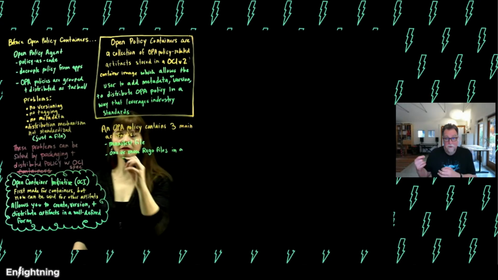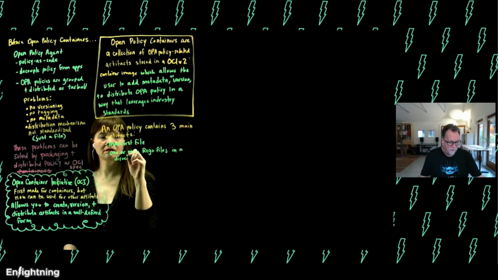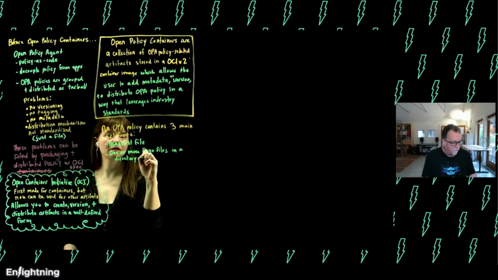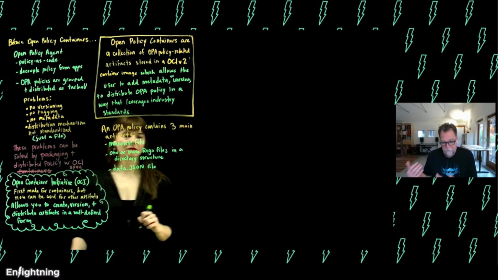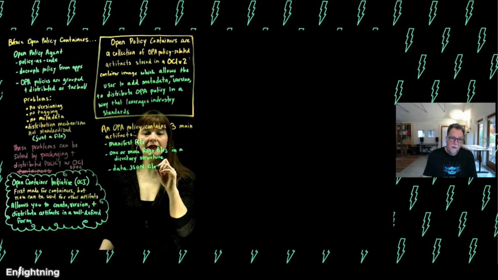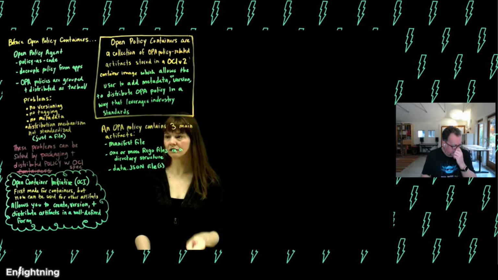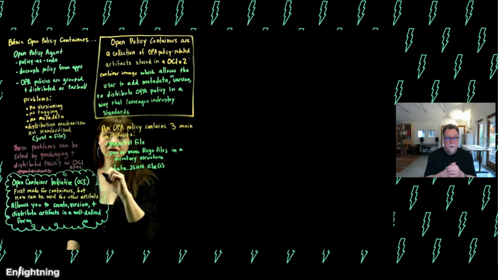So there is implicit information derived from directory structures as well. And then we have the data.json files, which are the data you can load into the OPA engine to help these rules make decisions. That's the standard way of working inside the OPA engine.